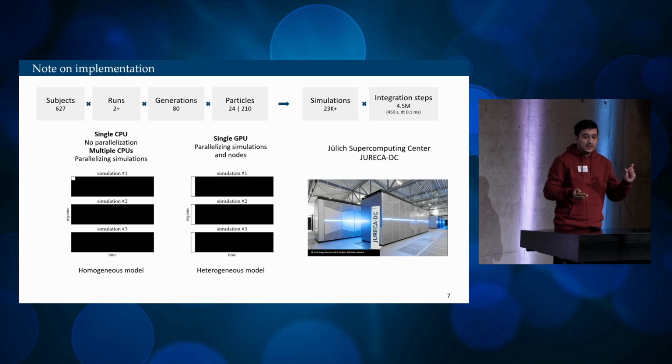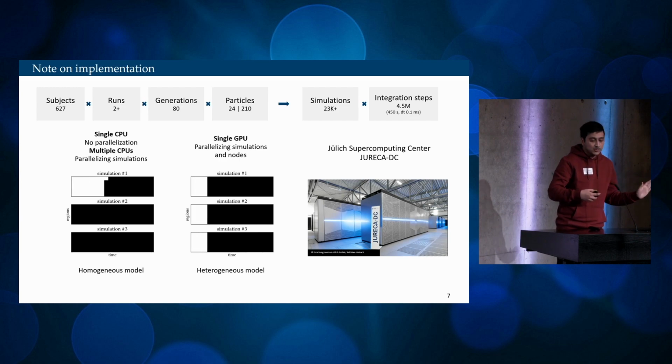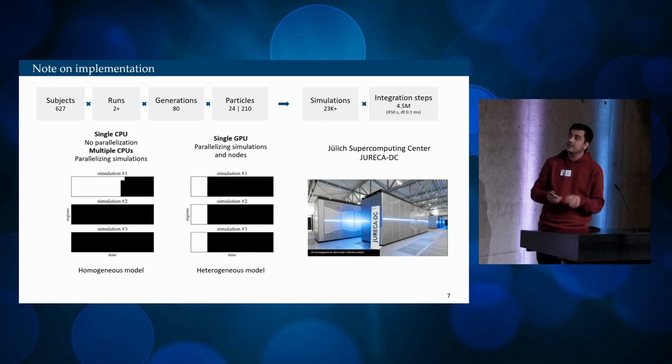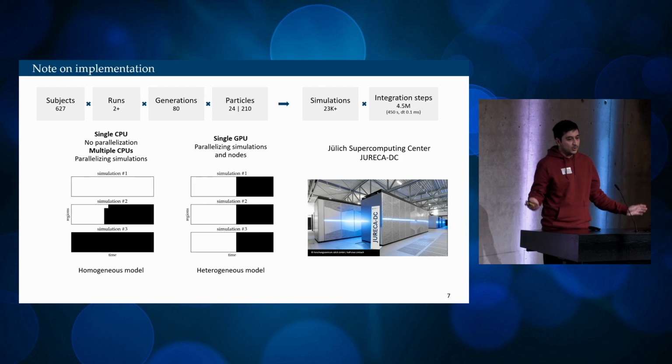The GPU implementation allows us to parallelize across nodes and simulations, something that we cannot do on CPUs. That enables crazily fast simulations, much faster than CPUs. And that enabled this hyper-parameterized model with 15 free parameters, which is normally otherwise not possible on a CPU, or very difficult.